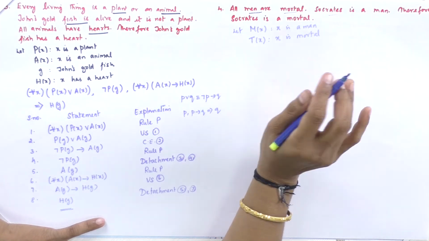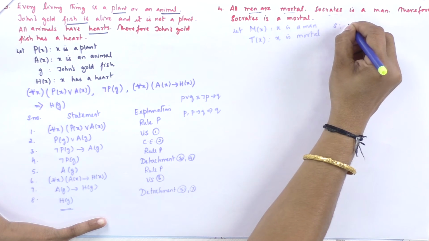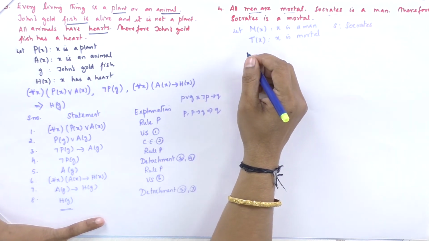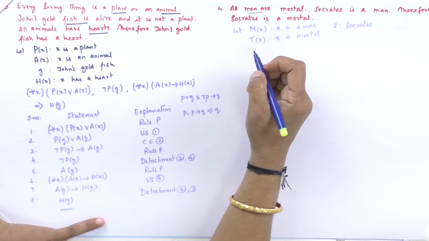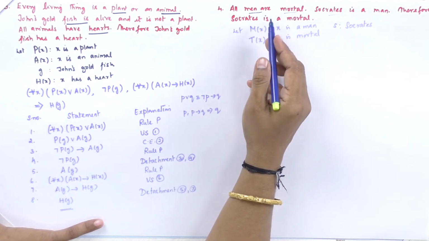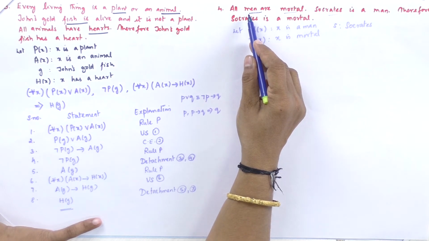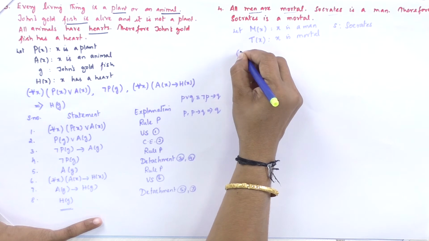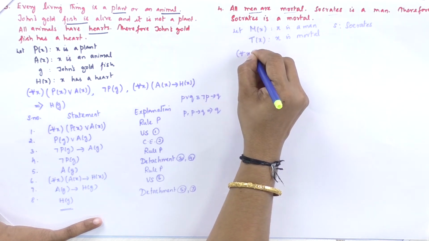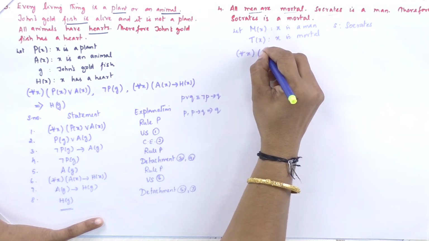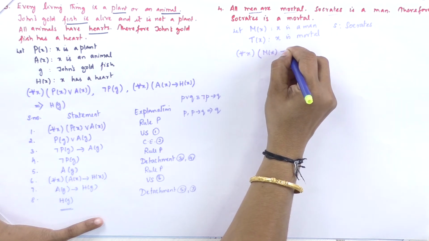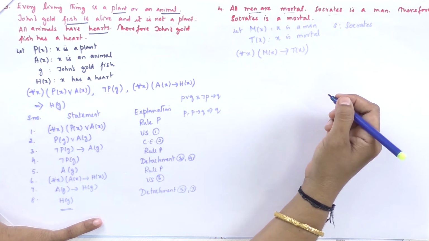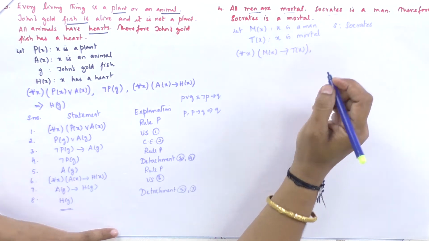So S represents Socrates. Now coming on to the formation of our premises, all men are mortal, which means that if he is a man, then he is mortal, which means that the quantification used here will be for all x, M of x, conditional, T of x.